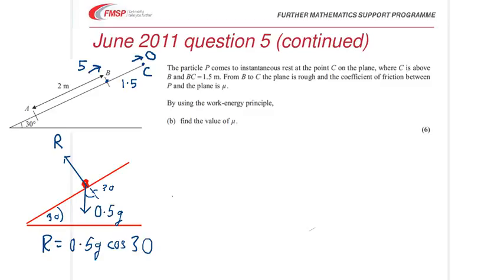If we write down the work energy principle in general terms here, we'll have the kinetic energy at B. Where will that kinetic energy go? Well, it'll turn into the gravitational potential energy at C, but some of the energy will have been lost against friction. So plus the work done against friction.